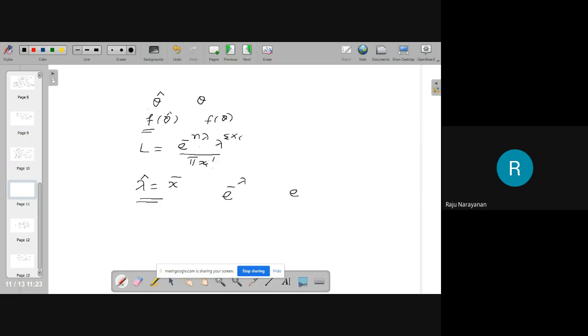The MLE of e raised to minus lambda is e raised to minus x bar. Finished. This is the MLE of lambda; this is a function of lambda. For example, what is the probability of x equal to 0? It is e raised to minus lambda, lambda raised to 0 by 0 factorial, which is e raised to minus lambda.